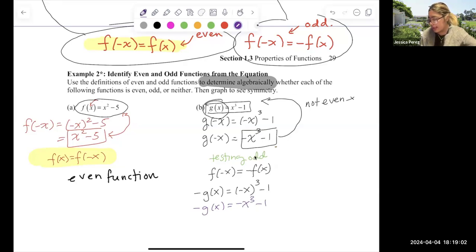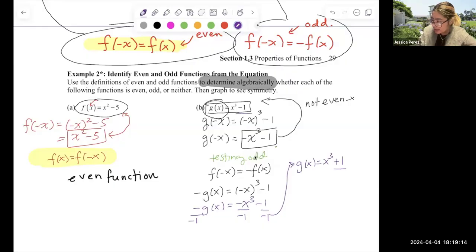So if I divide everything by a negative 1, because I want to go back to g, that's going to give me g of x is equal to x cubed plus 1. Wait a second. It's not the same, right? So this one's x cubed minus 1. This one's x cubed plus 1. So no. So this one's not odd either.